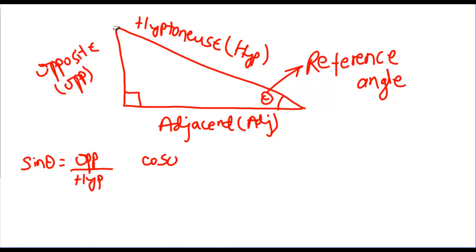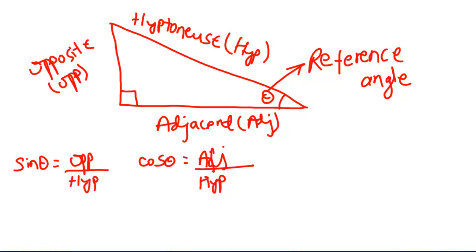So cosine of our reference angle theta would be equal to the adjacent over the hypotenuse. Tangent would be equal to the opposite over the adjacent.